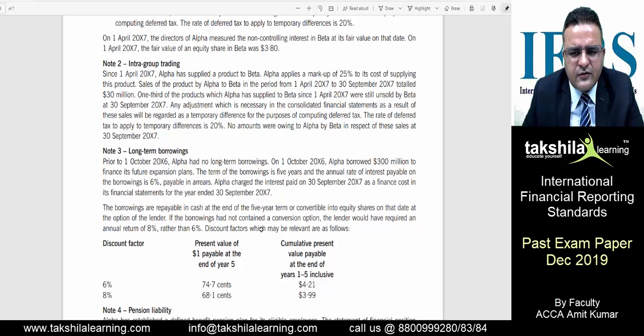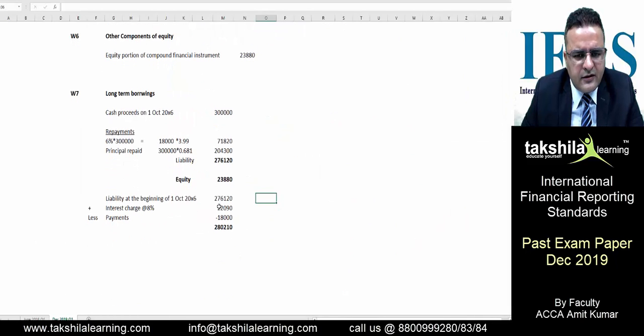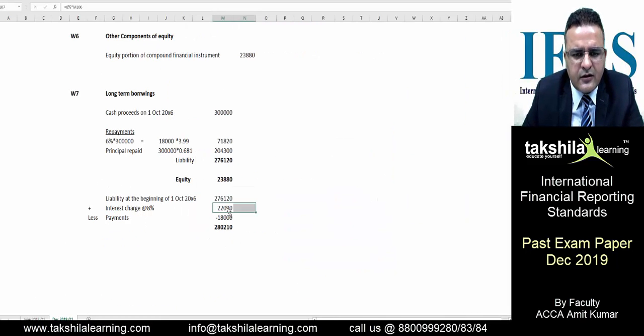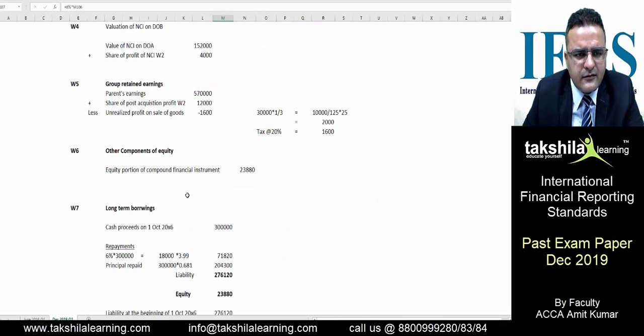So this is the interest charge for the year as of 30th September 20x7. The interest charge is 22,090, and what has been charged till now? Alpha charged the interest paid on 30th September 20x7 as finance cost in its financial statements. That means we need to reverse this 18,000 and need to charge actually 22,090.